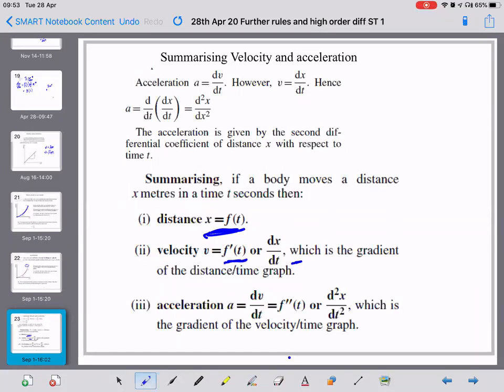So we differentiate distance once, we get the velocity. If we then differentiate distance again to get d2x by dt squared, we then have the gradient of the velocity time graph, which is acceleration. So that's the distance moved, speed, or velocity I should say, and acceleration relationship: the function, its first differential, and its second differential.